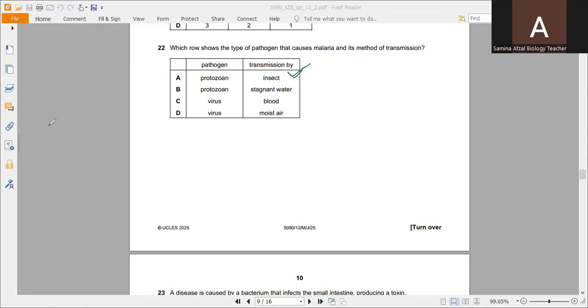Then we are moving towards the third one. Third is C, virus, and virus is not transmitted by blood here, because a virus is not the cause of malaria. Malaria is caused by Plasmodium, which is transmitted by mosquitoes.